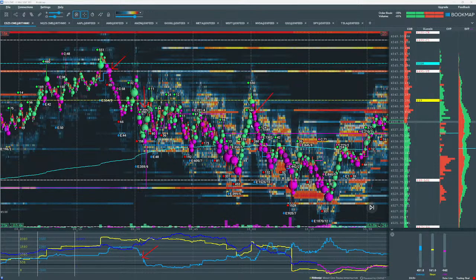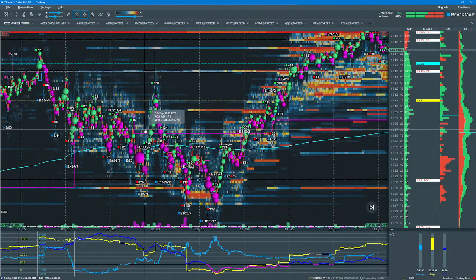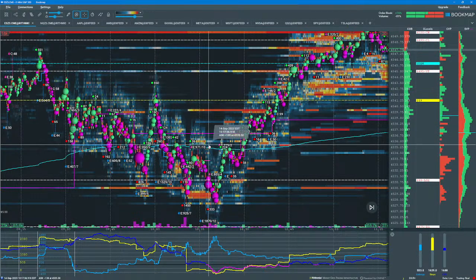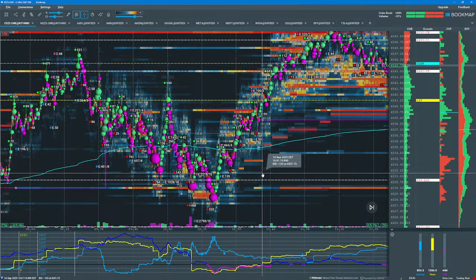Test of the 449 level, and price moves down to 448. All right, so we know that options traders continue to take negative delta positions. So at a certain point today, they were not really in control anymore.